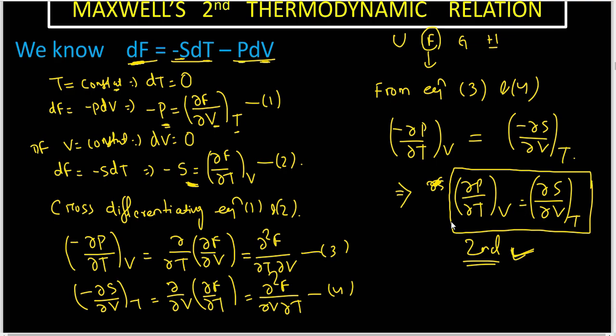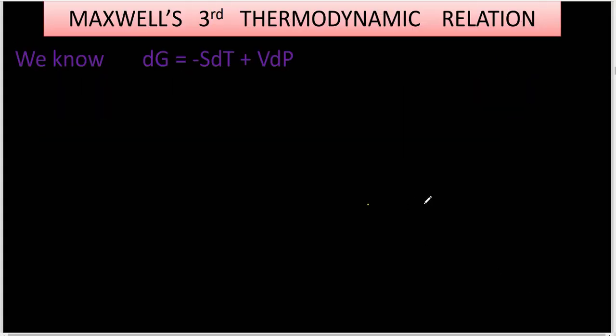Now discuss the third relation, which will be derived from Gibbs function G. Now we shall derive the Maxwell's third thermodynamic relation. First one is from U, next part is from F, next part G, and next part H. So this time we shall derive from this part G. So what is G? G is the Gibbs function potential: dG equal to minus S dT plus V dP.